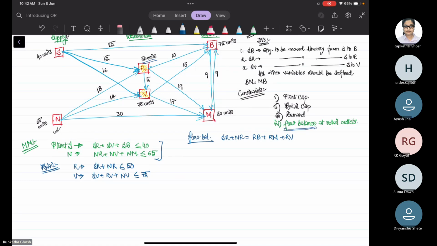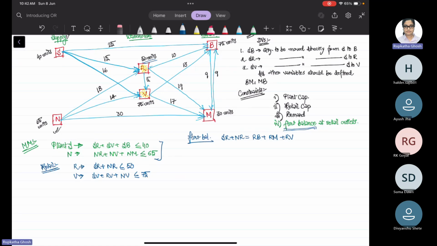Got it? Whatever would be coming out of R, that is RB, RM, RV, that again can only be less than or equal to 50 only. Because SR plus NR is already taken care of. It is less than or equal to 50, it can happen, not beyond that. Ma'am, in the flow balance constraint, at RHS 0 will come?